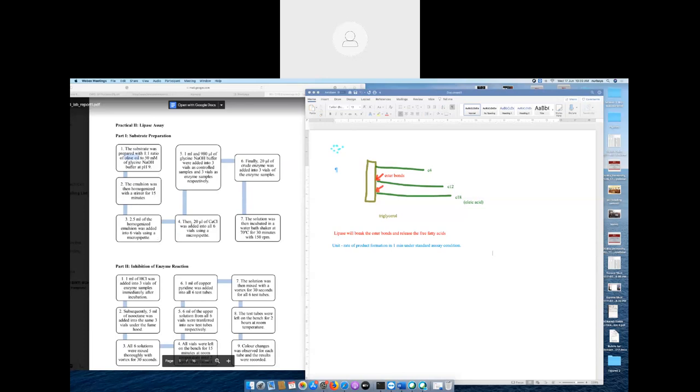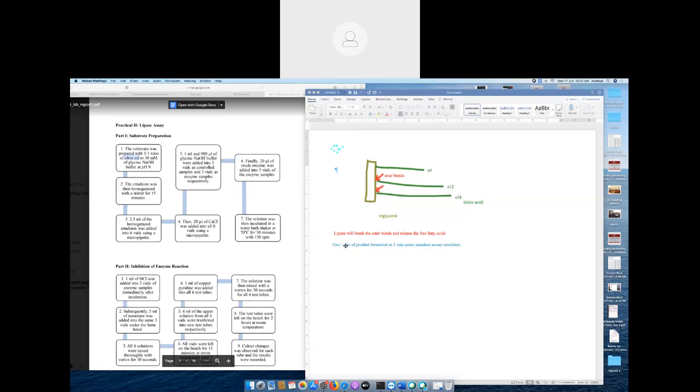Then we add calcium chloride, and then we stop the reaction using HCl, and then we put the isooctane. After that, we put the copper pyridine. That's the standard assay condition.